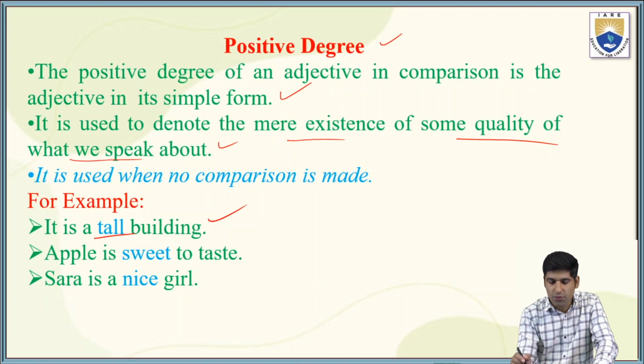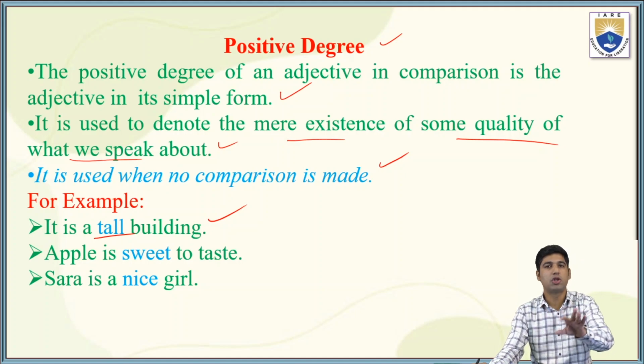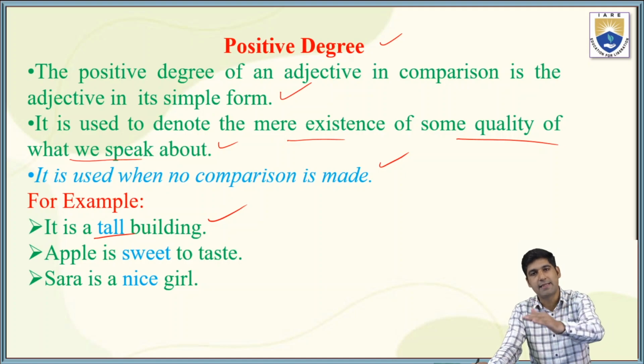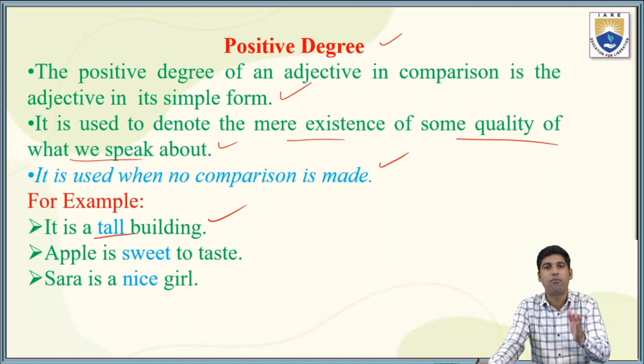So it's used when no comparison is made. As I told you, tall cannot show any comparison; an adjective in its simplest form cannot show any comparison. Rather, it shows the mere existence of that object, that person, that thing, of what we speak about.